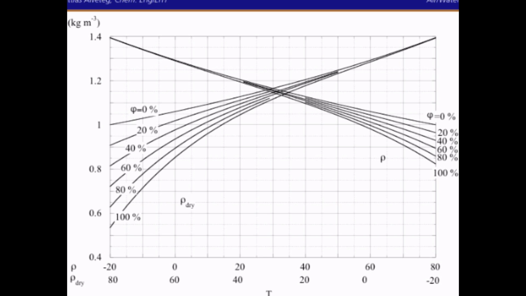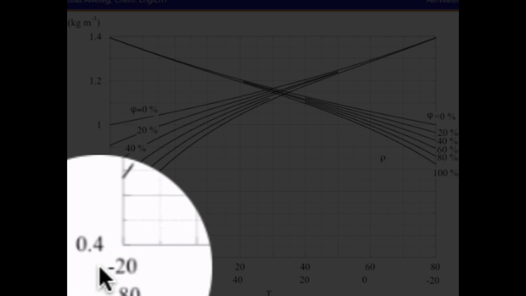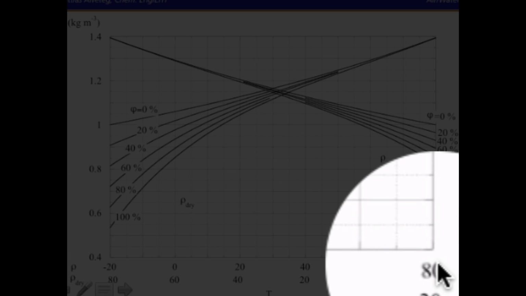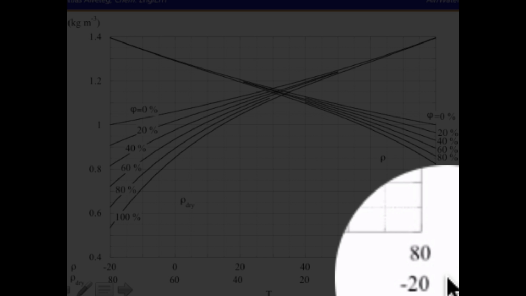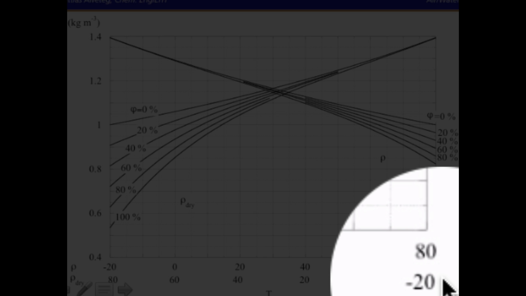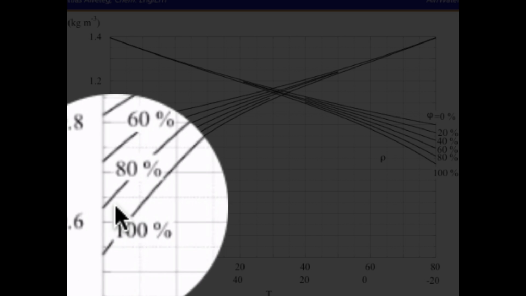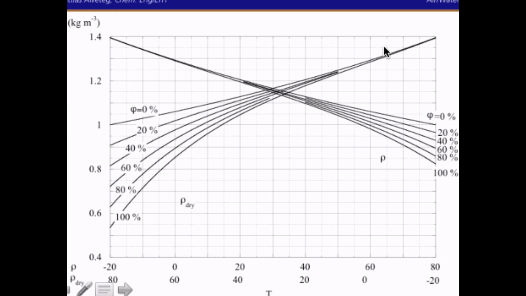This is a density diagram. You have two x-axes here. The upper one is for the wet temperature, going from -20 here on the left to 80 on the right, and the dry density here going from -20 degrees on the right to 80 degrees on the left. And these lines here are the dry density lines, and these ones are the wet density lines.